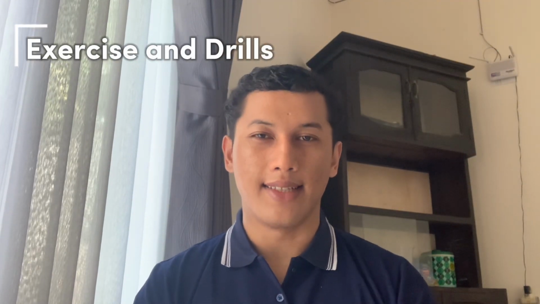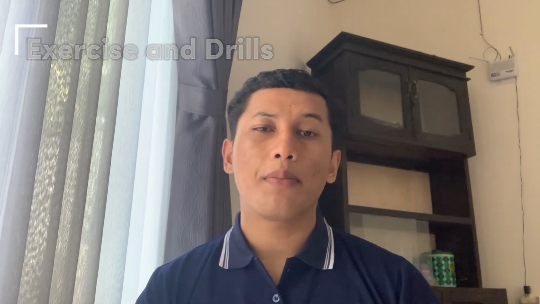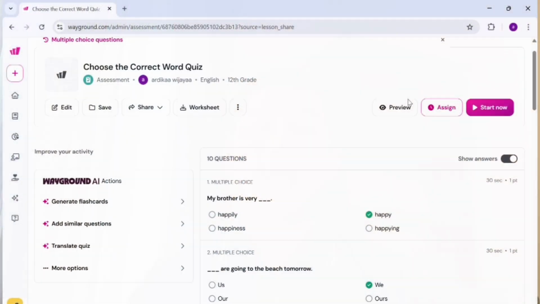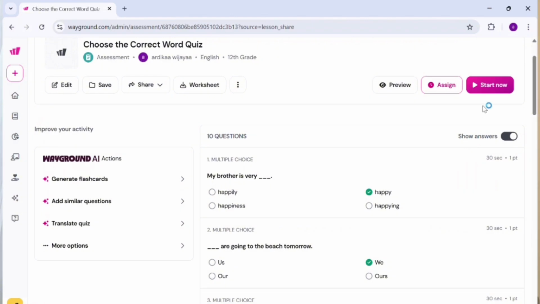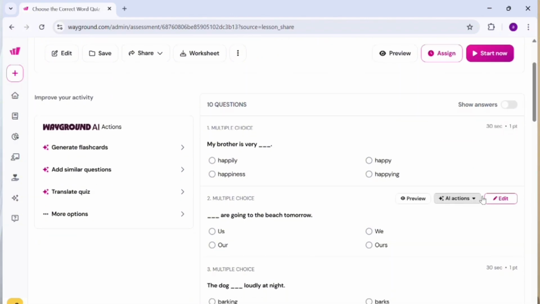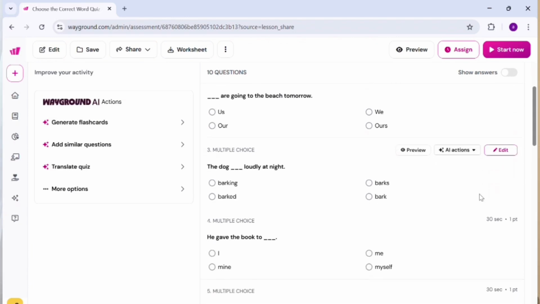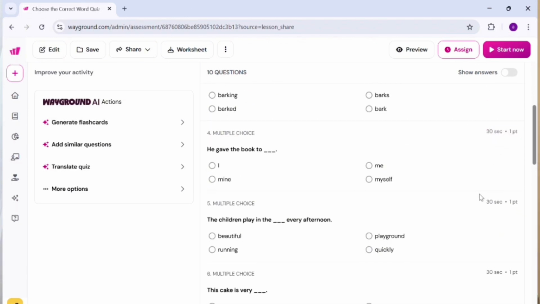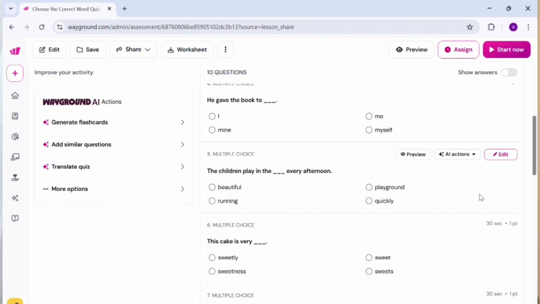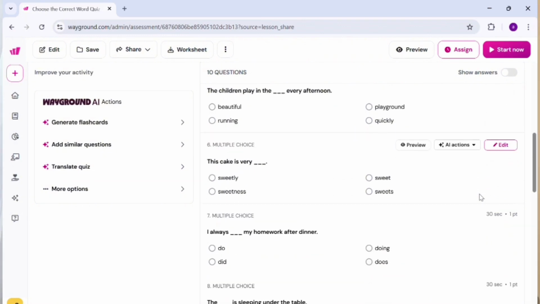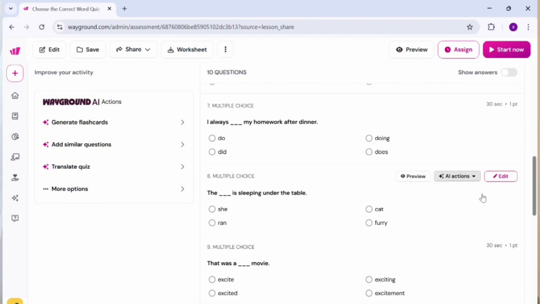Next, we move on to the syntax exercise and drills. Task 3, a multiple choice quiz, is given. Students complete 10 fill-in-the-blank questions and choose the correct word type from 4 options. We as teachers check the answers and announce the top 3 scores, rewarding them with small prizes like stars or candy.